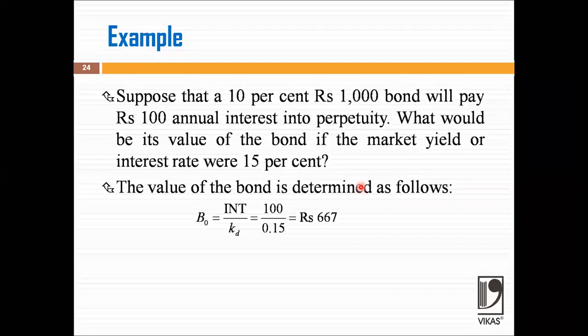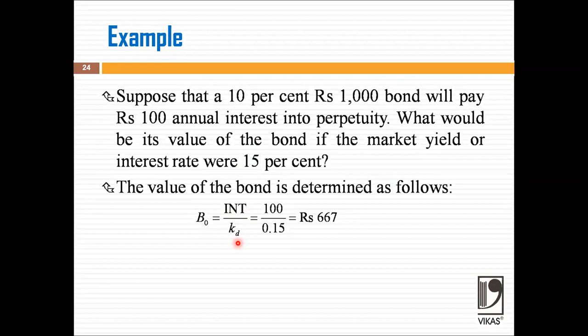You can simplify this formula like this: value of the bond equals interest over KD, not 1 plus KD. I can explain how this formula has been derived using a geometric progression.